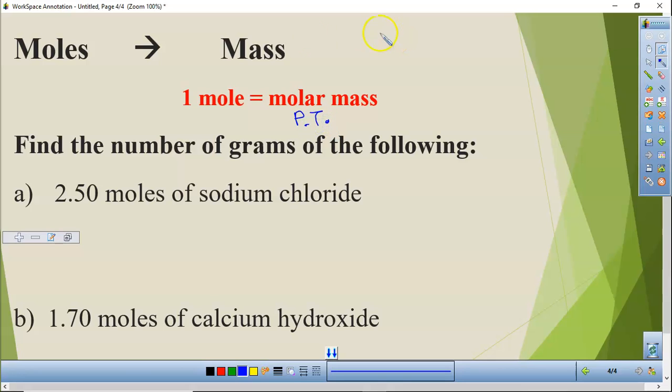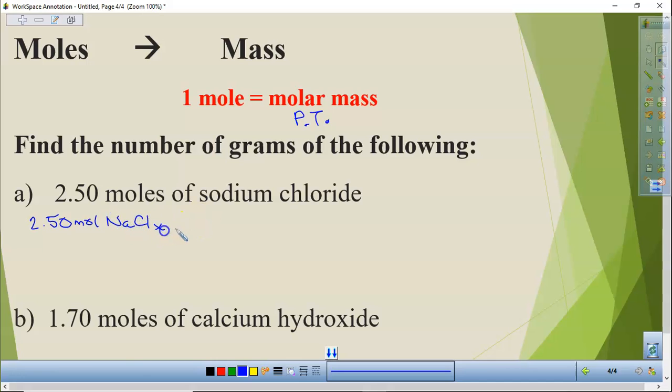All right. We're going to find the number of grams of the following. I'm going to take 2.50 moles of sodium chloride and calculate the molar mass. I start by writing 2.50 moles because that's my given.